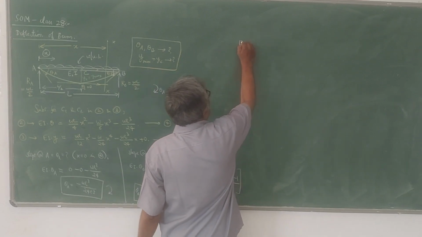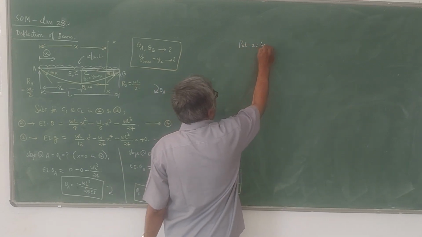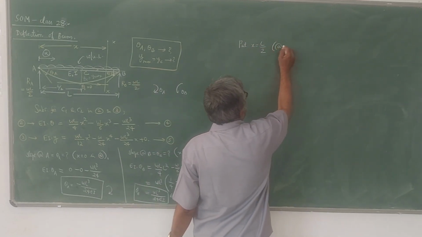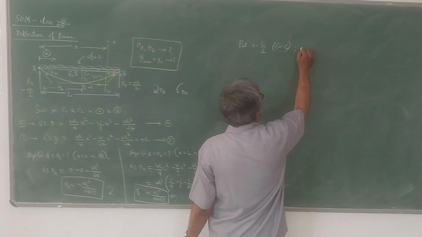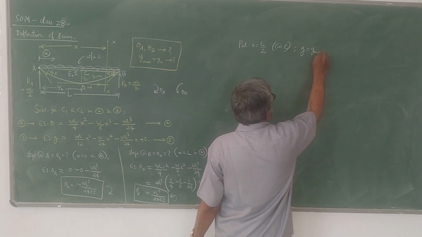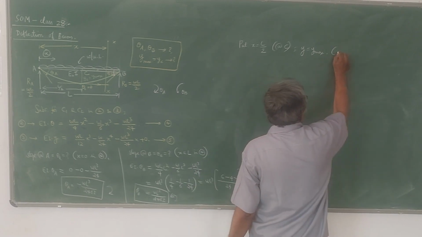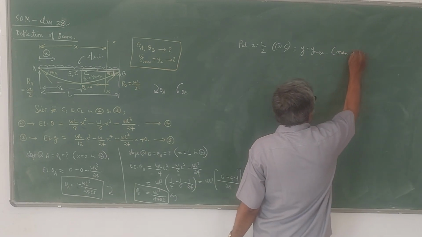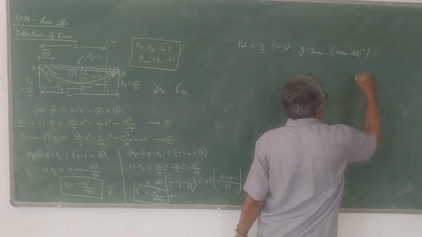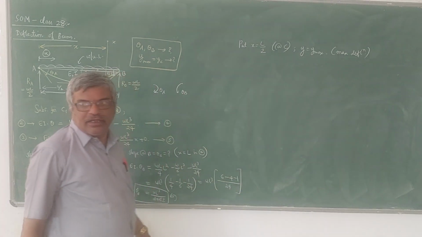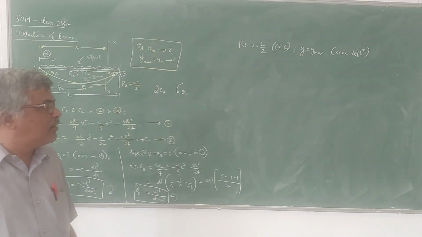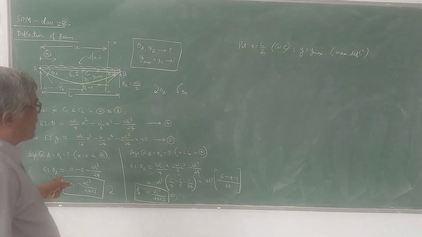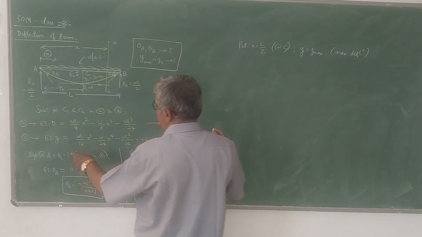That is at C, and we will get y max, the maximum deflection. This is very important, because in design we are going to check the safety of the beam for the maximum deflection case. So let us see what answer we are going to get.